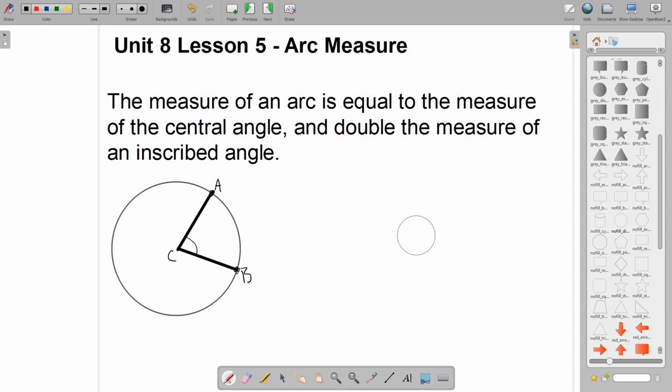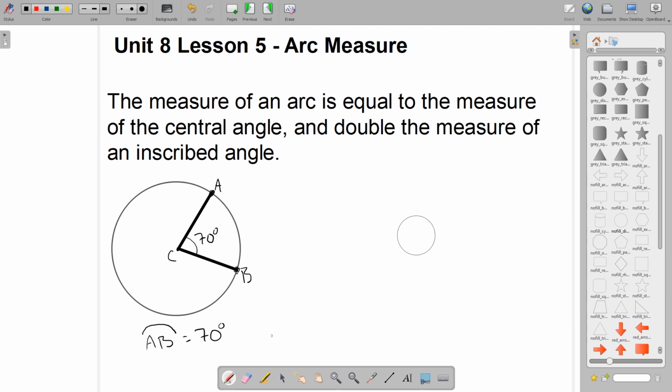So in this case, if I say the central angle is 70 degrees, then that would mean the arc measure from A to B is also 70 degrees. And the way that's written in math is this arc with AB underneath it is equal to 70 degrees.